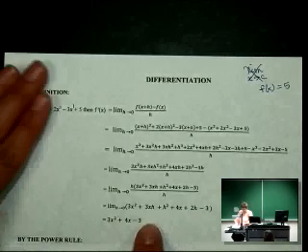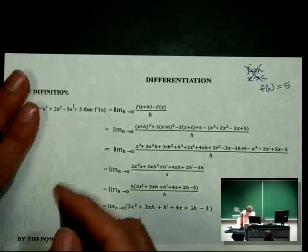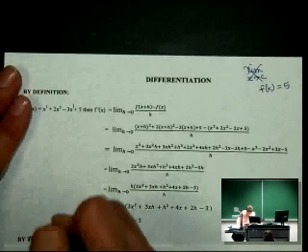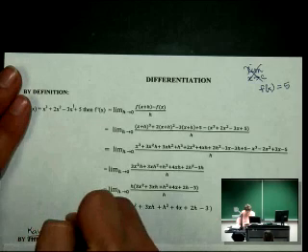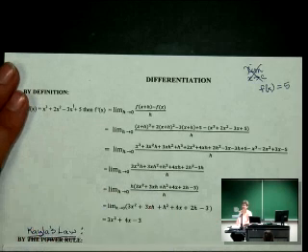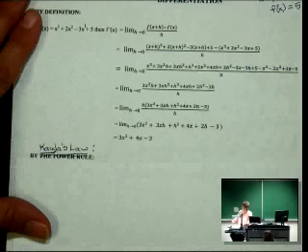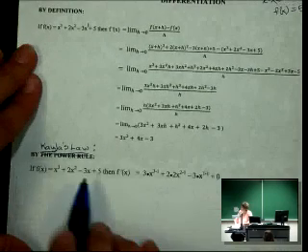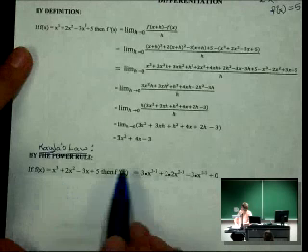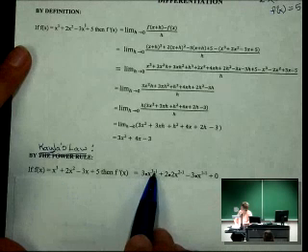So it appears to me that, I'm going to rename this. By Kayla's law, it seems like what Kayla is saying is, why don't we just bring the exponent out front, subtract 1 from the exponent.